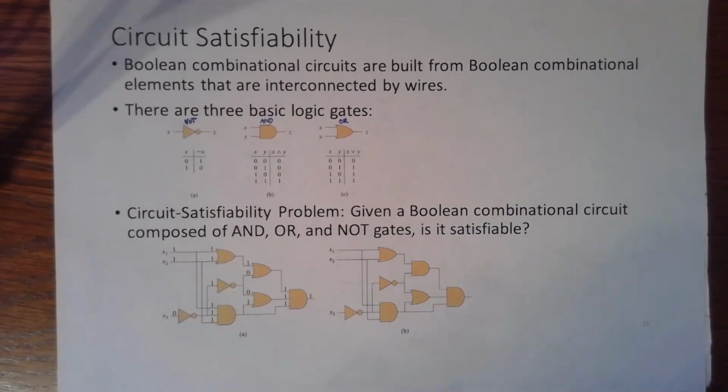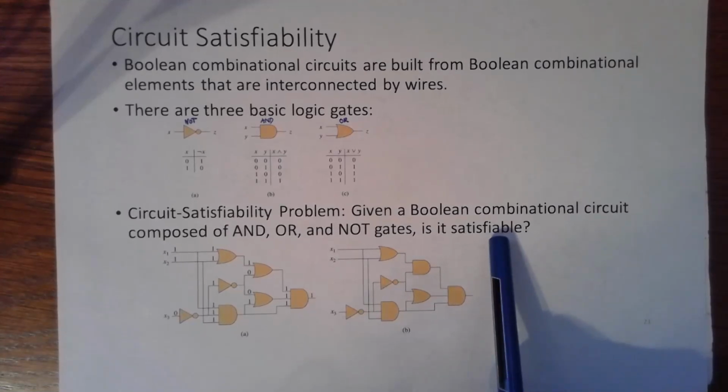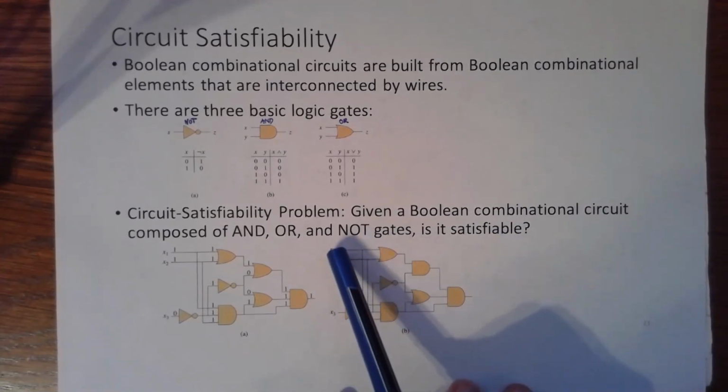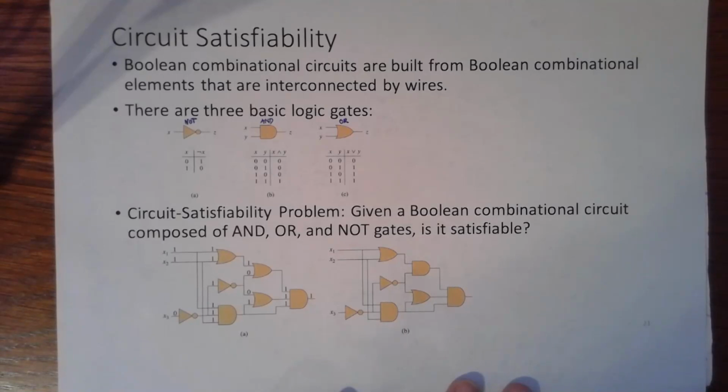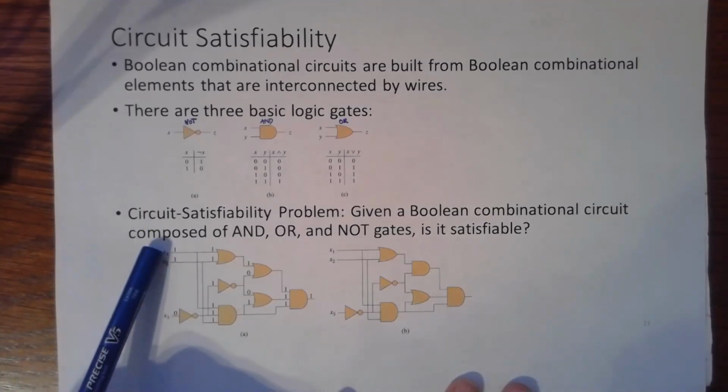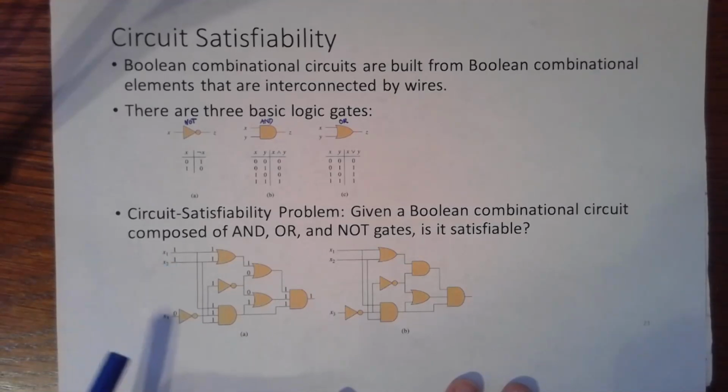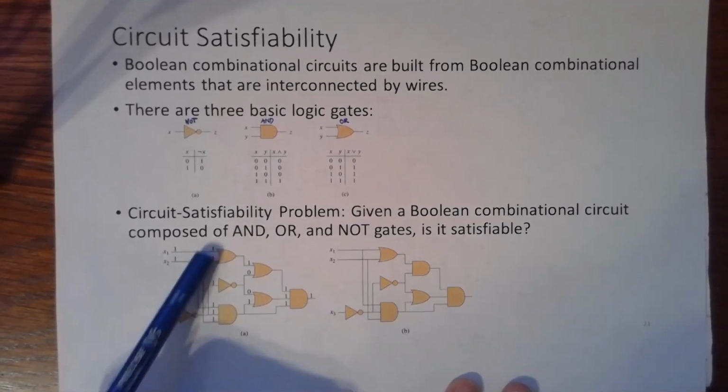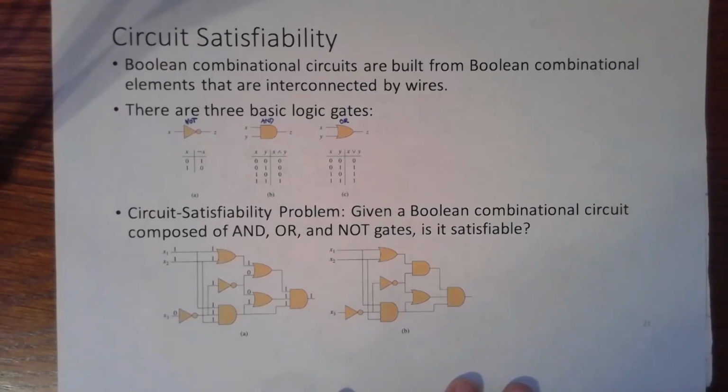Here's an example of a circuit that is indeed satisfiable, because if we make the input x1 be 1, x2 be 1, x3 be 0, and follow through, the output of the circuit will be 1. So this is an example of a satisfiable circuit.